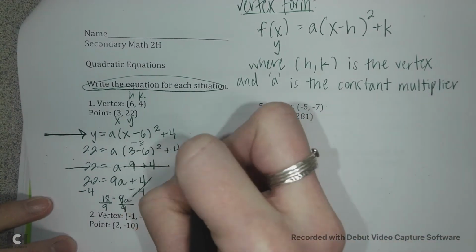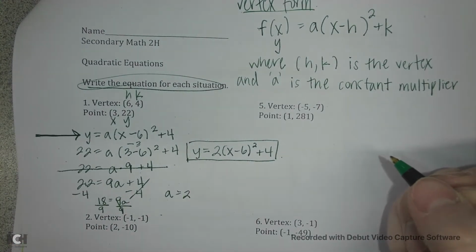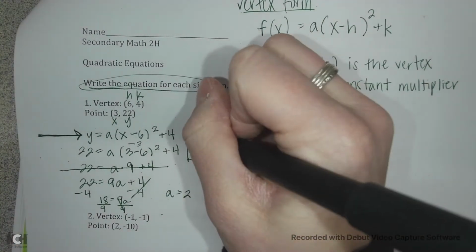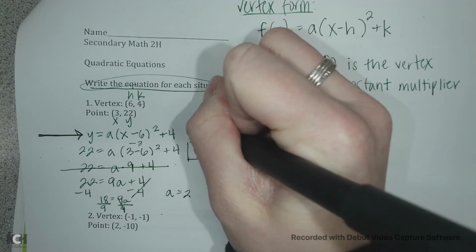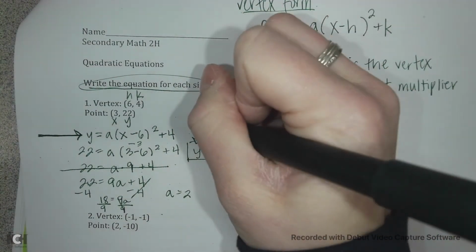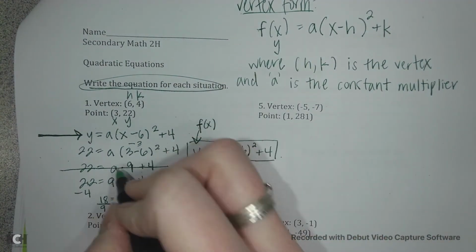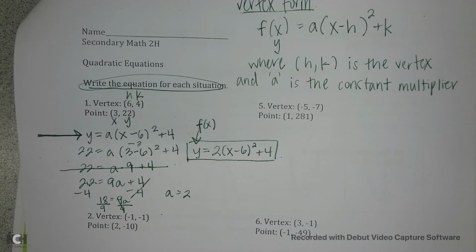So this is my answer. Now we've written an equation using a vertex and a point. Remember, this y can also be f of x. It doesn't matter. They have their different uses in the moments. But the y is really helpful when we're solving for a.